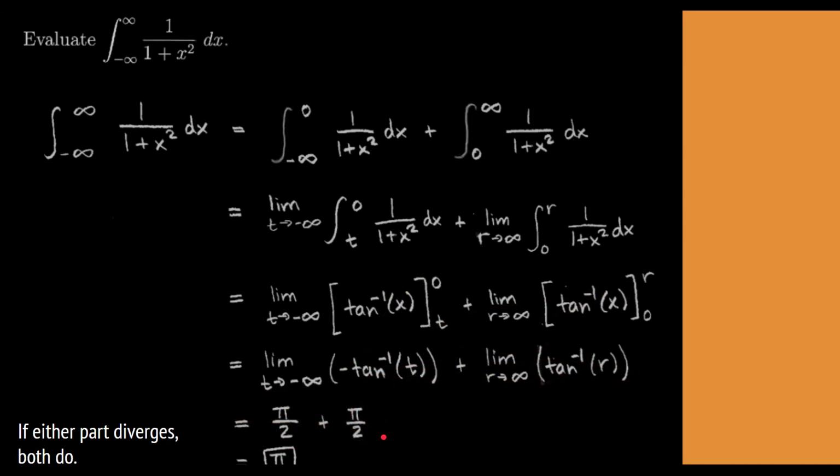Well, that's one of those things where you kind of have to just remember your unit circle. The actual reason for this is you're thinking about it this way. What value, if you did the tangent of it, would give you infinity?